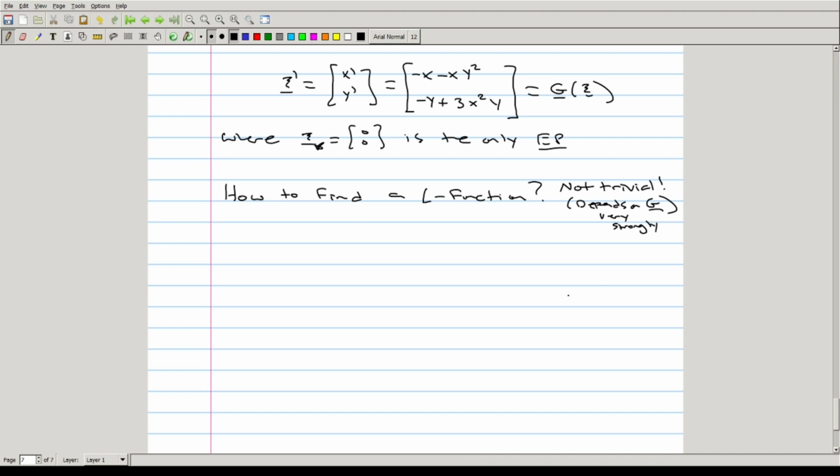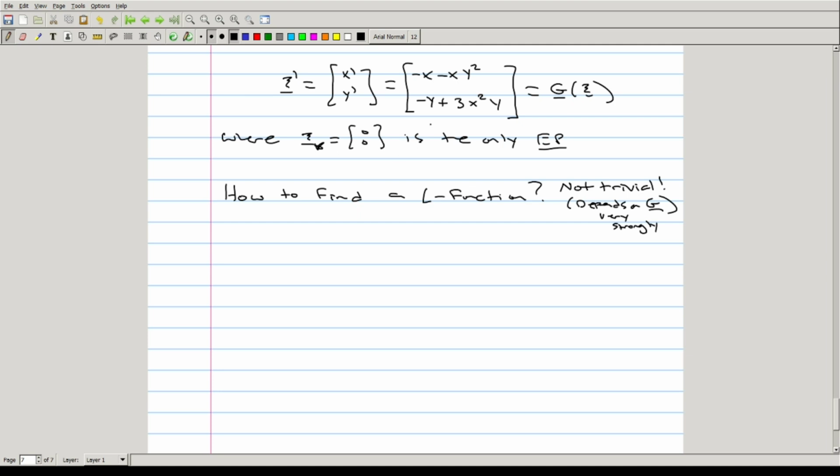So different g's are going to give you very different Lyapunov functions. However, for this one, we note that we have both quadratic functions of our variables, x squared and y squared, and we have a quadratic term in each one of these and a linear term in each one of these.